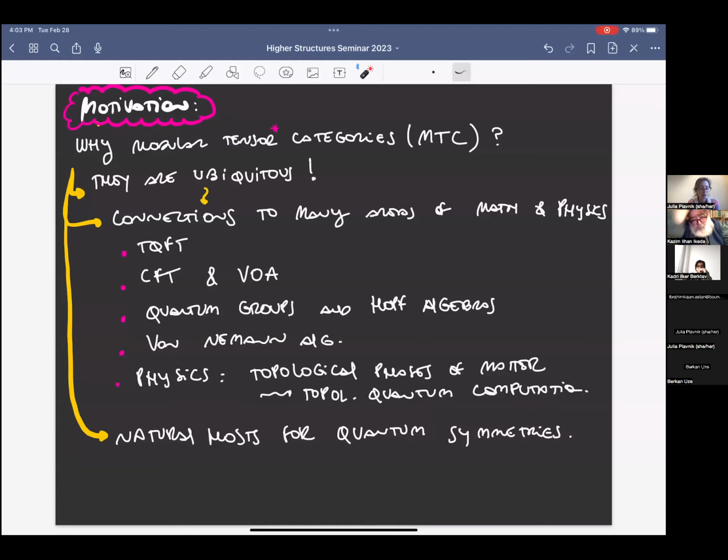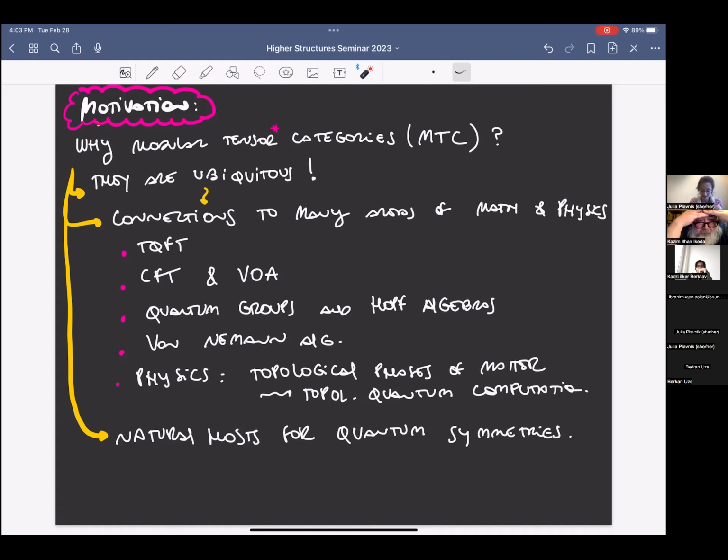Also in connection with knot and link invariants. Also mathematical physics and the study of CFT, conformal field theories, and vertex operator algebras. A lot of the time you will hear that these MTCs are the shadow of the vertex operator algebras or the conformal field theory. So there is a deep connection between these things.